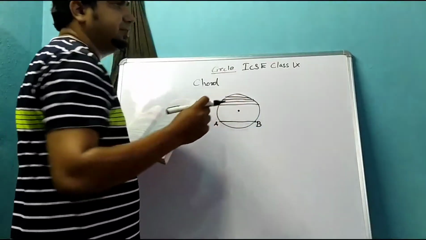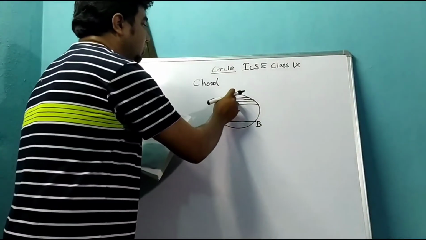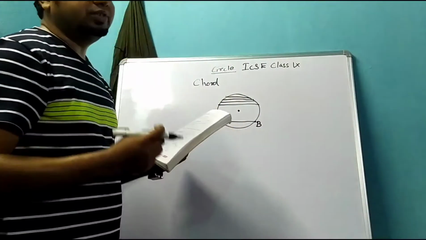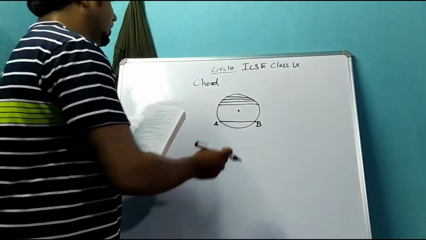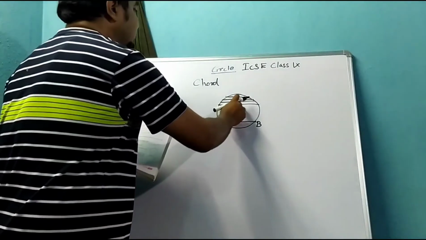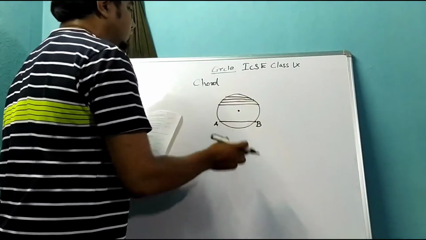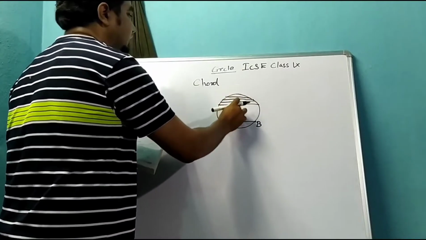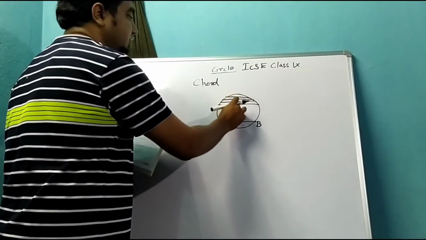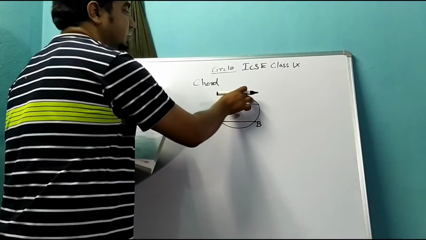Or you can see it the other way: as you move away from the center, the length of the chord decreases. So in either way, as the distance from the center is less, the chord length will be more. As the distance from the center is more, the chord length is less.